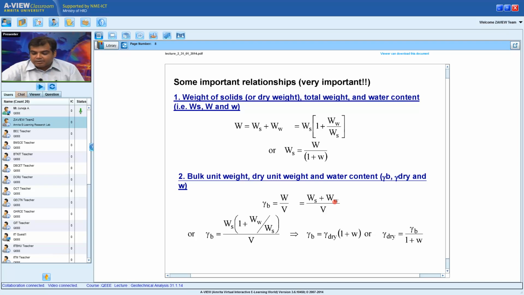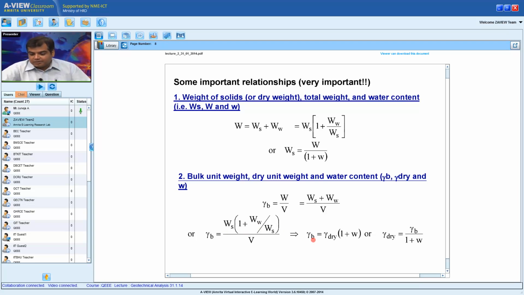Let's again take the weight of solids common from the numerator as we did in the previous expression. So the numerator has weight of solids times 1 plus weight of water over weight of solids. This particular expression is exactly the same as derived previously, so it has 1 plus water content.